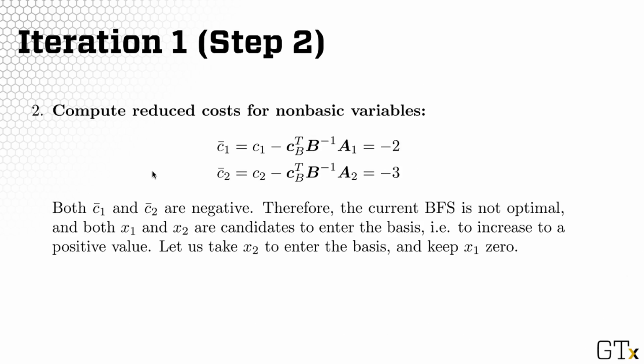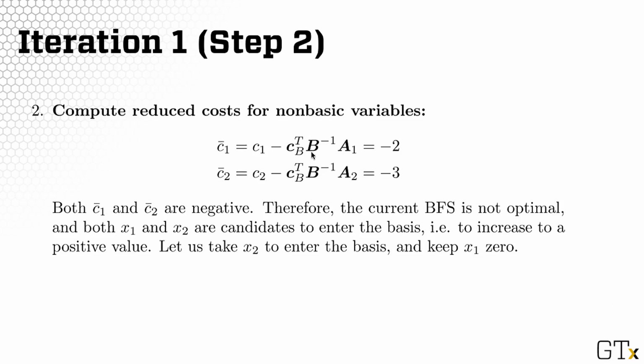Next step, compute reduced cost for the non-basic variables. We have two non-basic variables, x1 and x2. Remember, the reduced cost is computed as c1 minus cB transpose B inverse times A1. Here c1 is -2 and cB is 0, so we don't even need to compute this part.